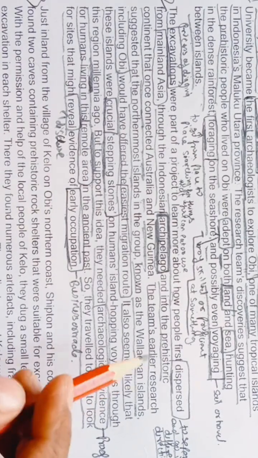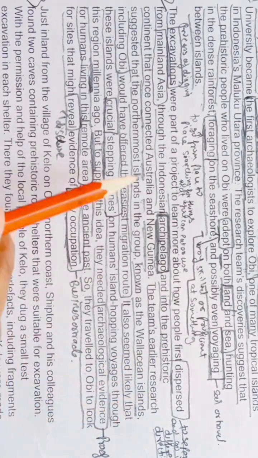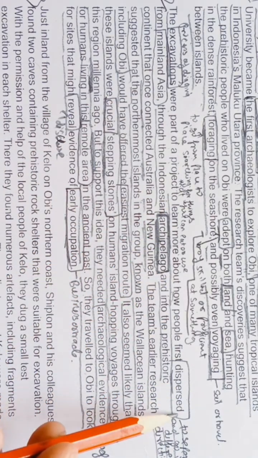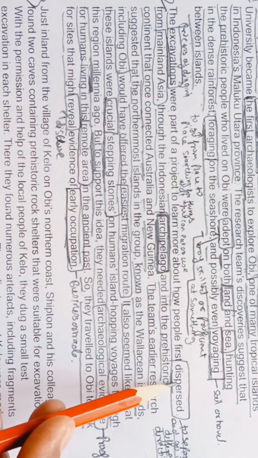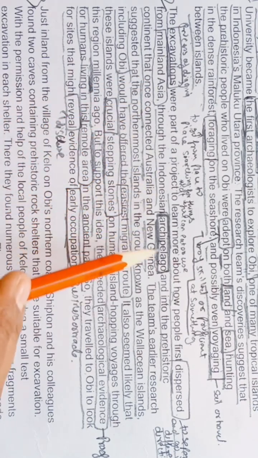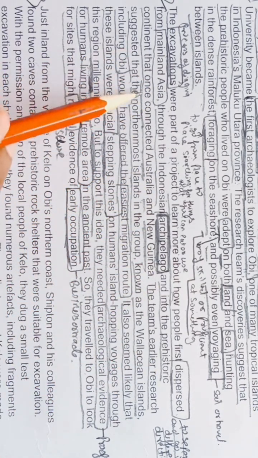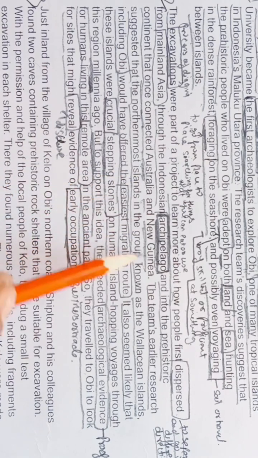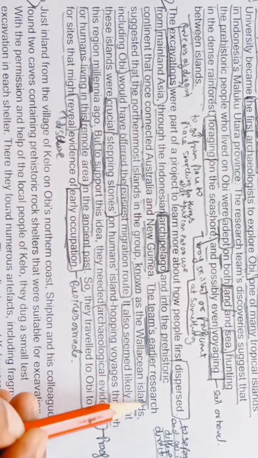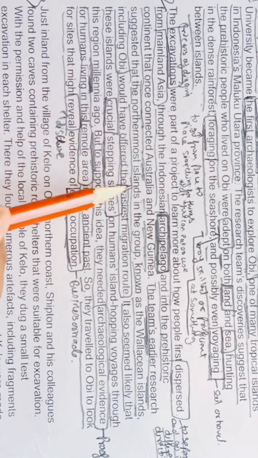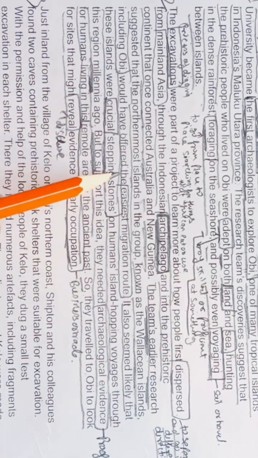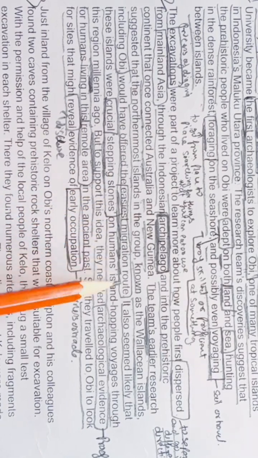So in this paragraph, what they are saying is that the excavation was part of the project to learn more about how people first dispersed from mainland Asia, through the Indonesian archipelago and into the prehistoric continent that once connected Australia and New Guinea. The team's earlier research suggested that the northernmost islands in the group, known as the Valesian Islands, including Obai, would have offered the easiest migration route.